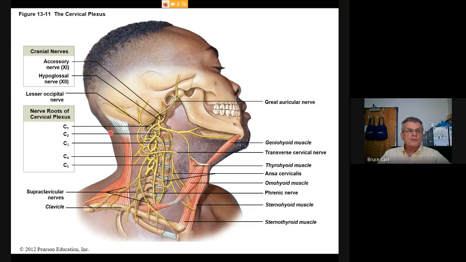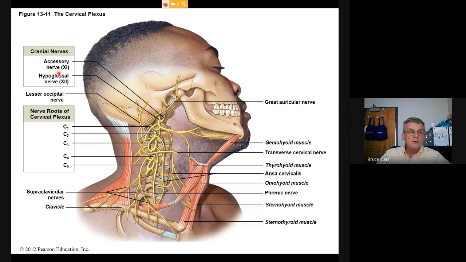Also in this drawing, something that I just want to mention, if a pair of nerves comes off of the brainstem inside the skull, we call it a cranial nerve, and we indicate it with a capital N and a Roman numeral. There are 12 pairs, and you can see the cranial nerves here, 11 and 12.